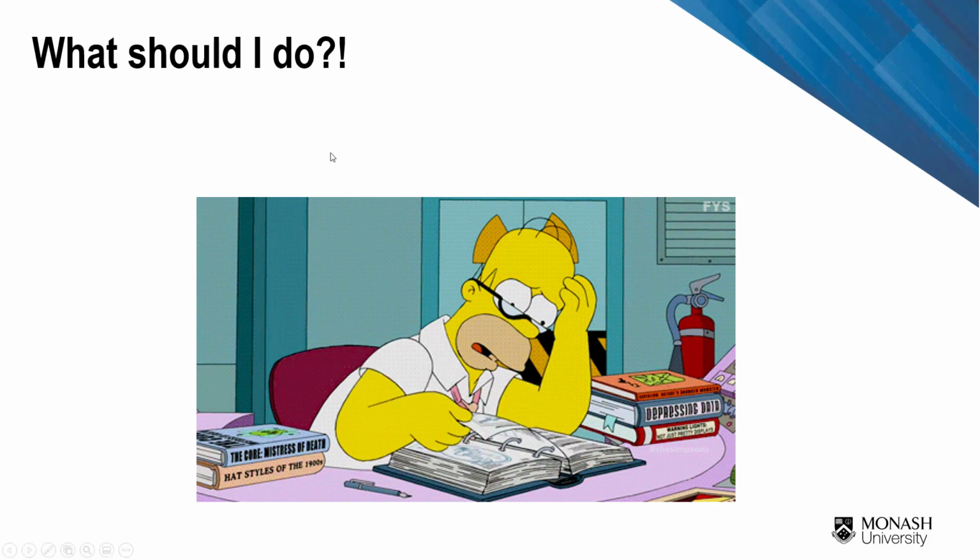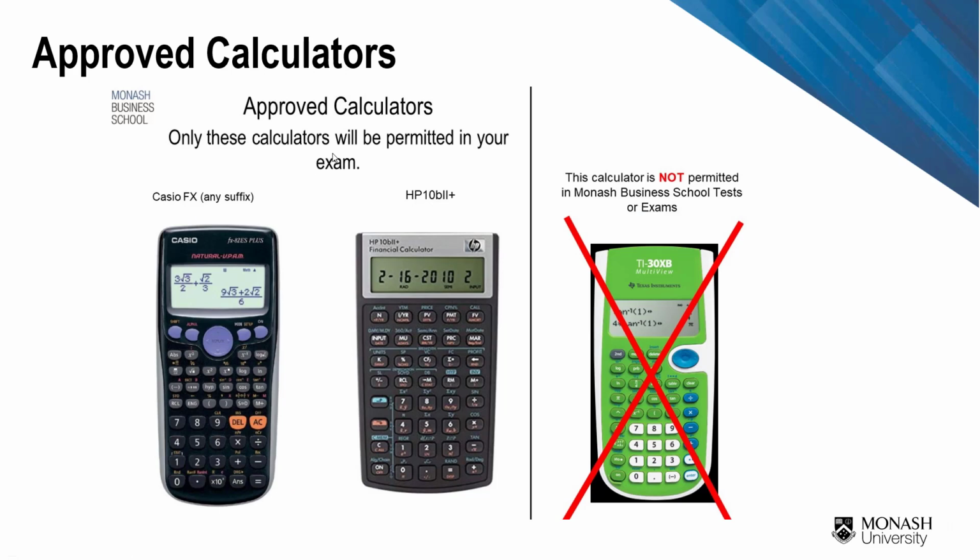Great. First of all, you need to use one of these approved calculators. Only these two calculators are approved in the final exam, which are the Casio FX and the HP10. Some students told me they are getting the HP calculator.